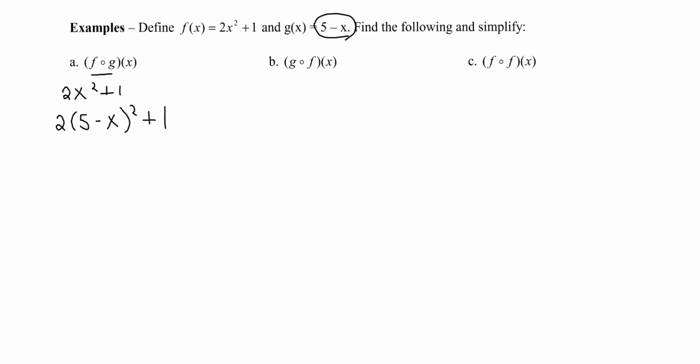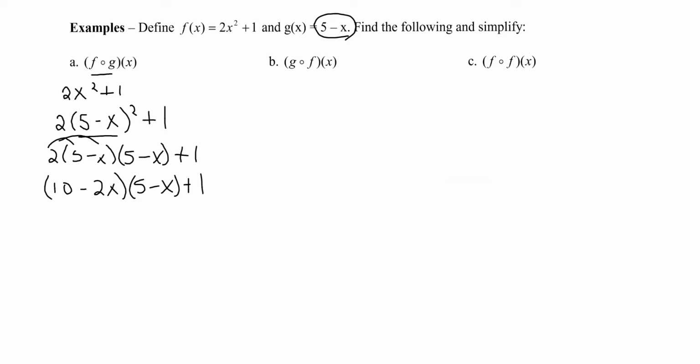And now what we have to do is simplify it. So here, again, we're squaring this entire expression. So we'll have 2 times 5 minus x times 5 minus x plus 1. Again, I'm going to distribute the 2 to the first set of parentheses, so we'll have 10 minus 2x times 5 minus x plus 1.